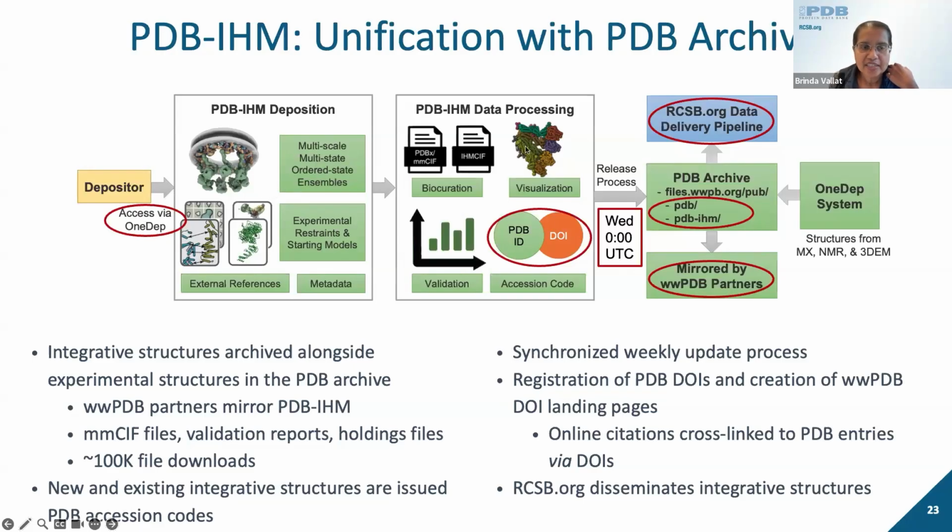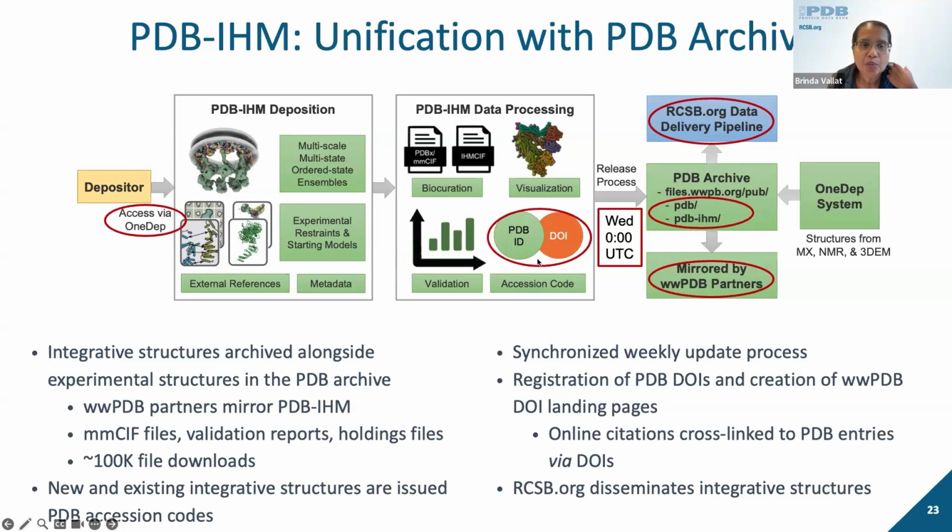And same thing with the data processing. The processing is the same, hasn't changed. We have the biocuration, visualization, validation pipeline, but now we provide PDB accession codes and digital object identifiers for integrative structures. So that's the new extension.